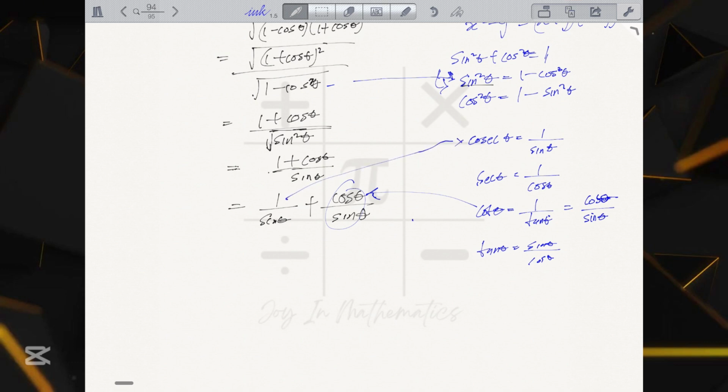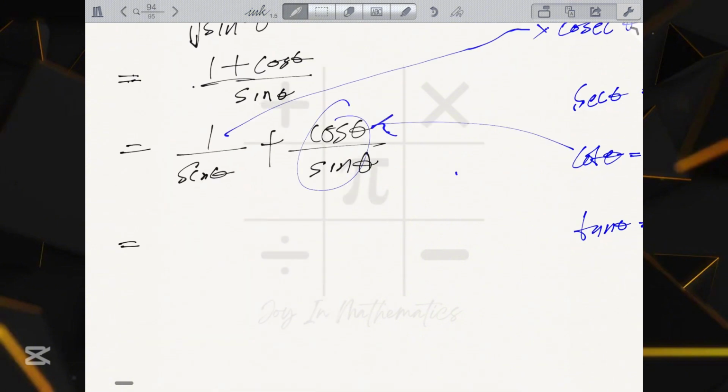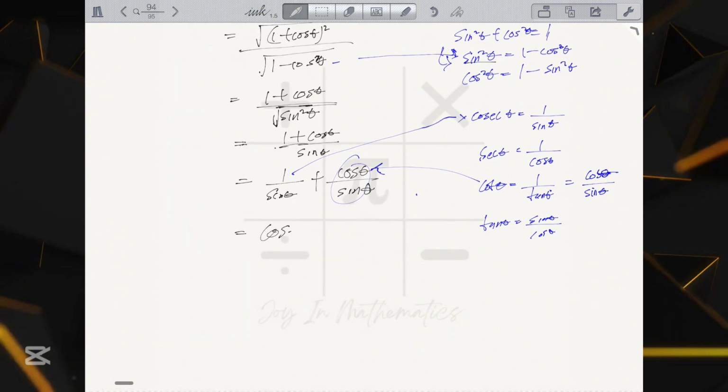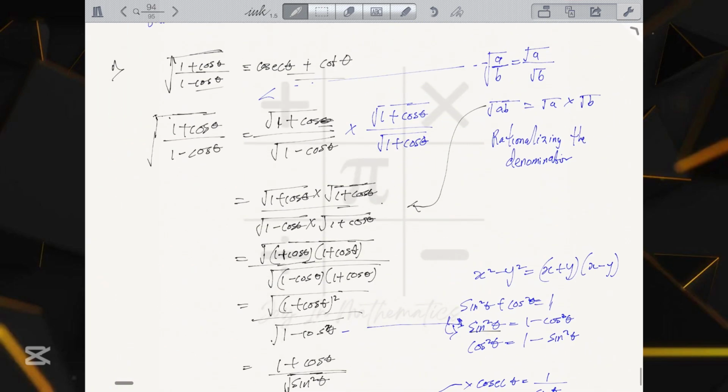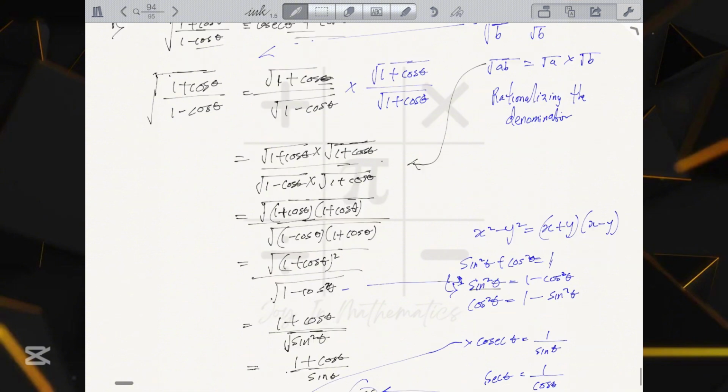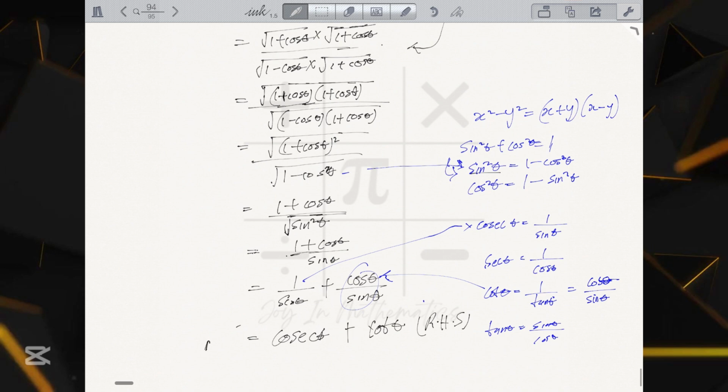So we can therefore make the substitution that 1 divided by sine theta is cosec theta, and cos theta divided by sine theta is cot theta, which is equivalent to what we have on the right hand side. That the square root of 1 plus cos theta divided by 1 minus cos theta is equals to cosec theta plus cot theta. So this we have expressed.